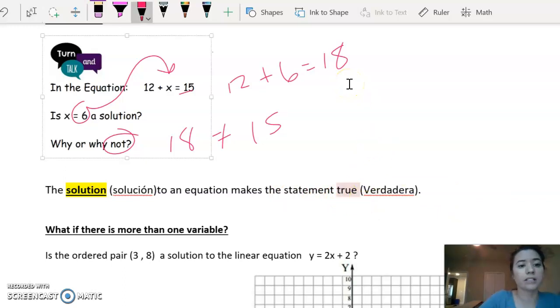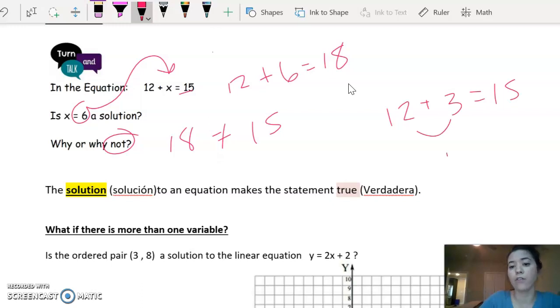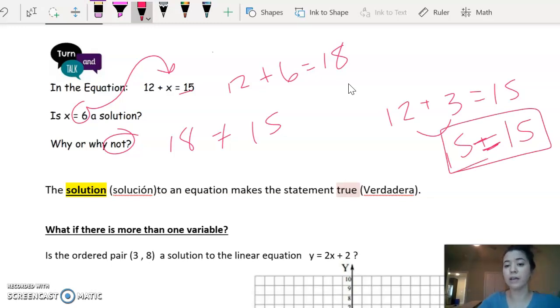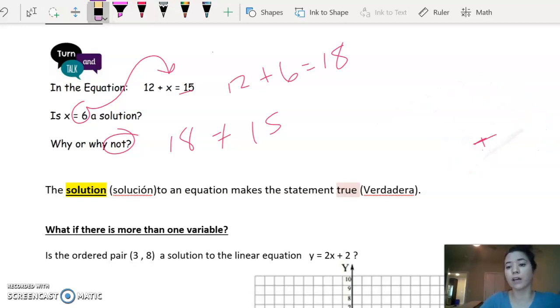So if we had said, does x equal 3? If you plug that in, you get 15 equals 15. That is a true statement, so we would say 3 is a solution. Again, a solution makes it true.